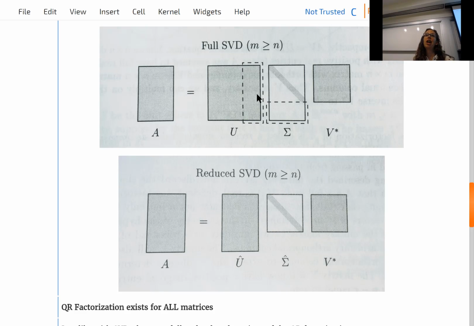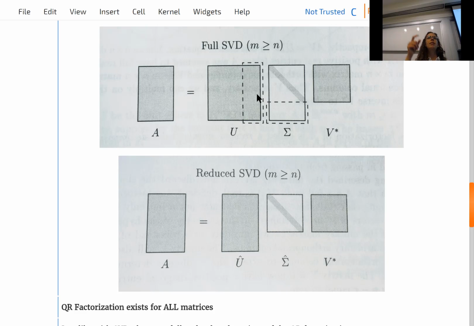That comes from just trying to create an orthonormal basis. If you want U to be square and orthonormal, you need to come up with these additional columns, even though they're not a part of A. That's a good question. Any other questions about this?